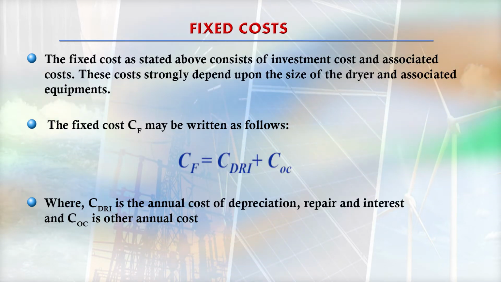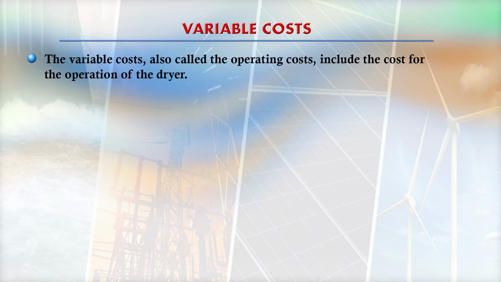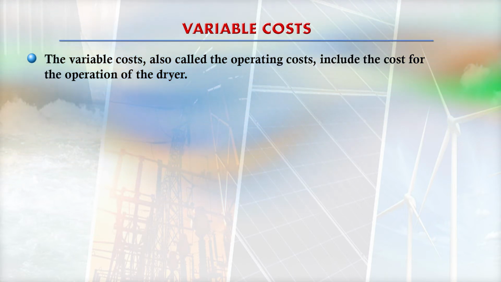COC means annual other cost. The fixed cost will include cost of fabrication, installation, component cost and annual repair and maintenance cost. Then variable cost, it is also called operating cost, includes the cost of operation of the dryer.